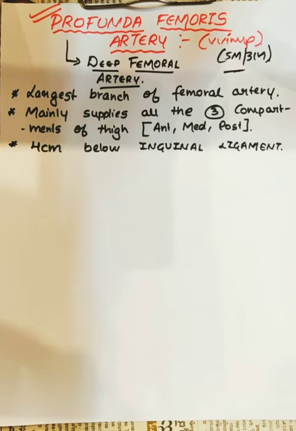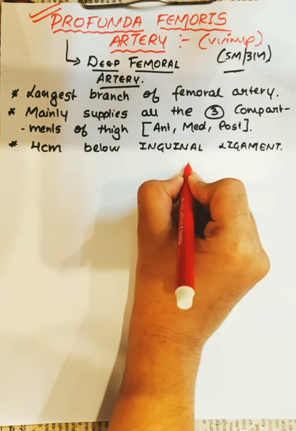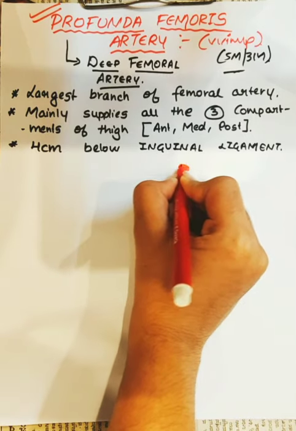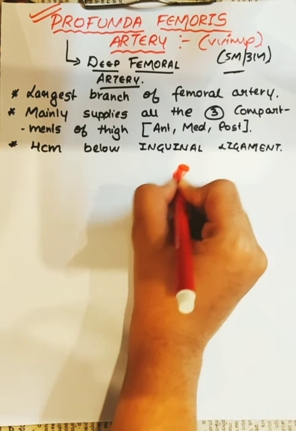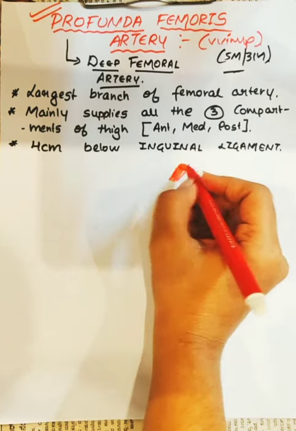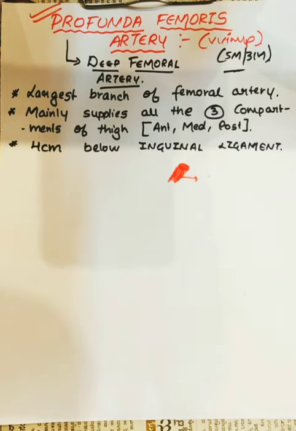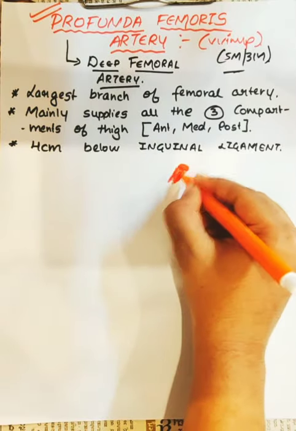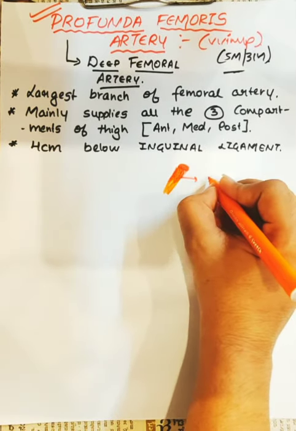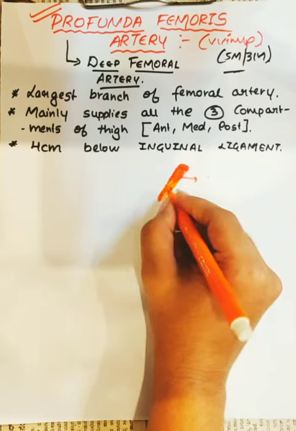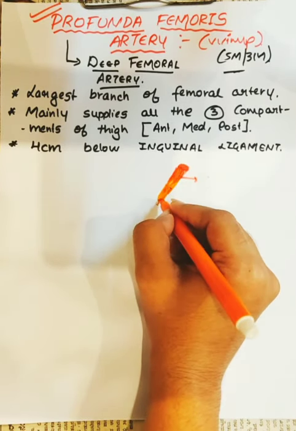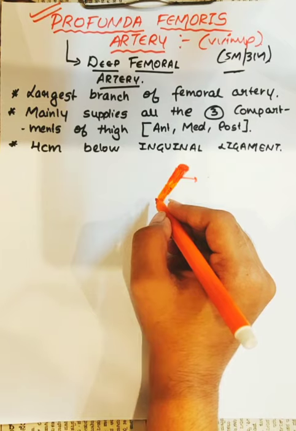So here we go. In the diagram you can see the external iliac artery, which is a branch of the common iliac artery. The external iliac artery continues as the femoral artery and in turn continues as the popliteal artery.